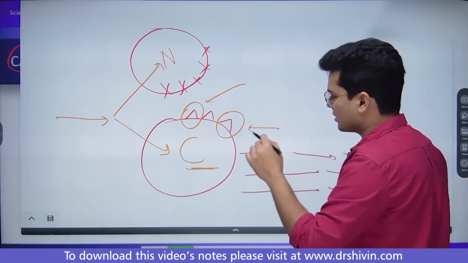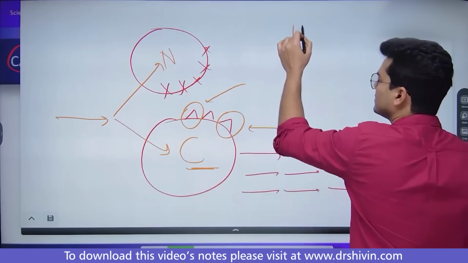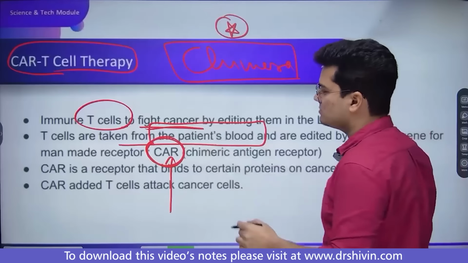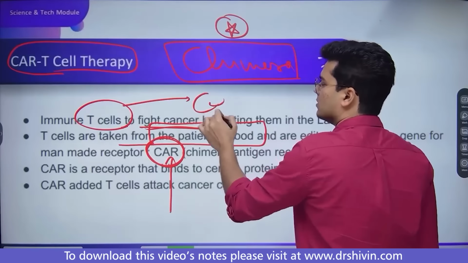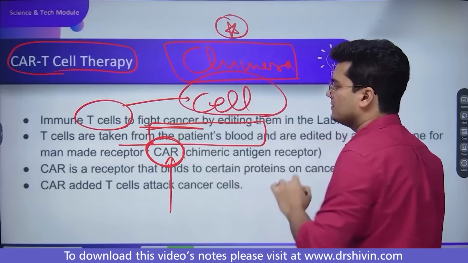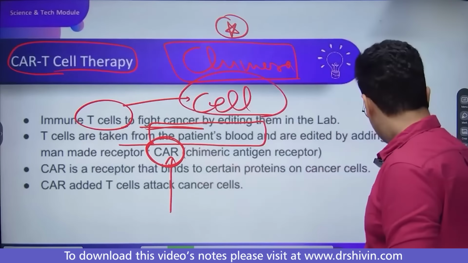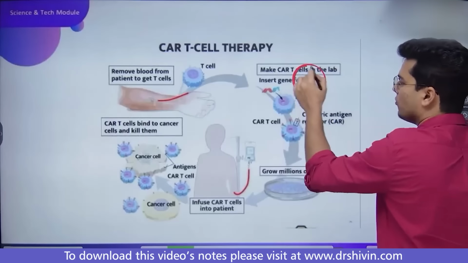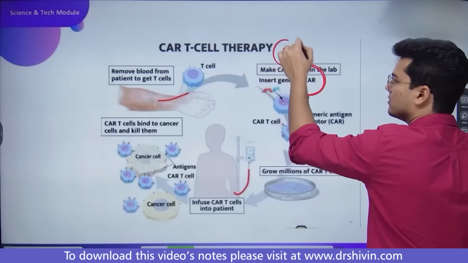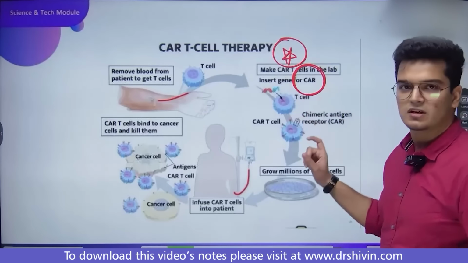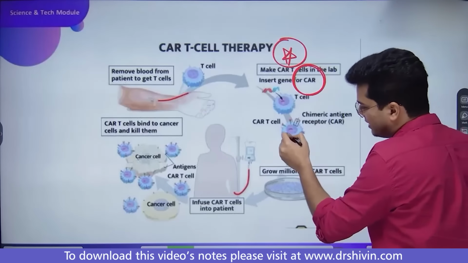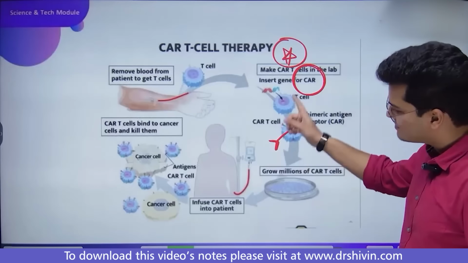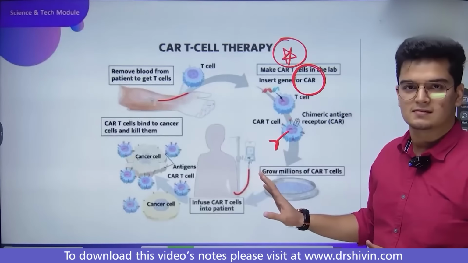In this case, what can we do? We can take the T cells of our body. T cells are responsible for what? Cell mediated immunity. Their normal job is to kill diseased cells. So what will I do? I will take the T cell out. I will insert a new foreign gene in them called CAR, chimeric antigen receptor gene. This will lead to it forming a new receptor that can specifically recognize cancer cells.